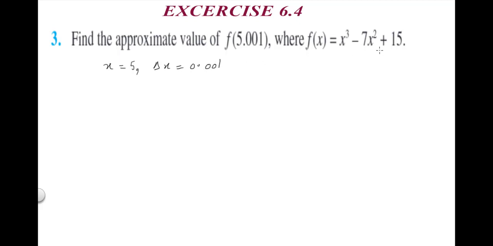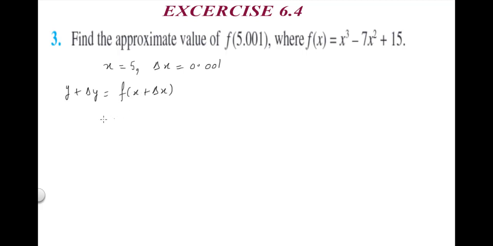As in other questions, in the first question we were assuming y is equal to a number to the power something, so we considered that number to be x. Now here this y, that is the function, is given in terms of x as x cube minus 7x square plus 15. We know, just see carefully, y plus delta y is equal to f of x plus delta x.